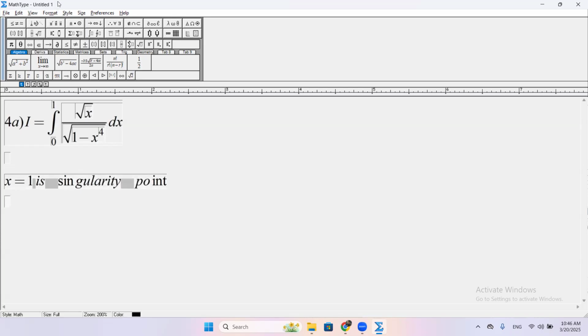So let's rewrite this fraction to the following form.